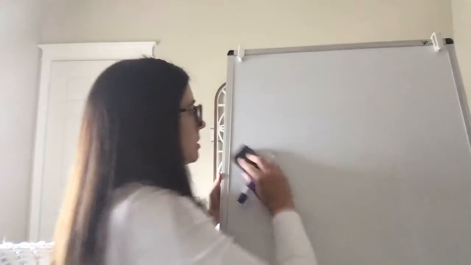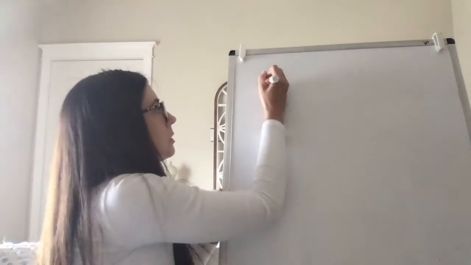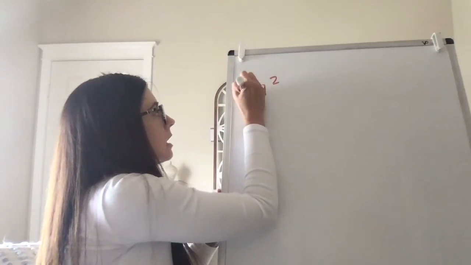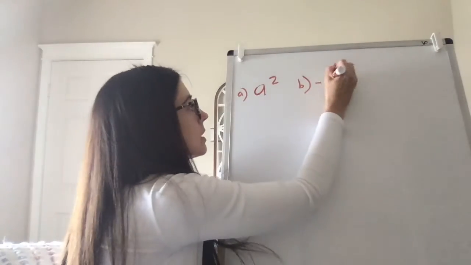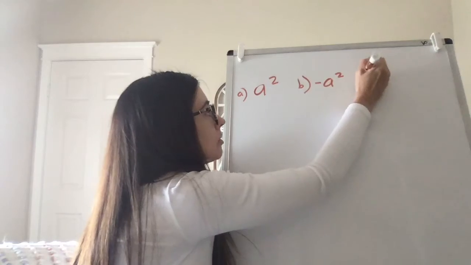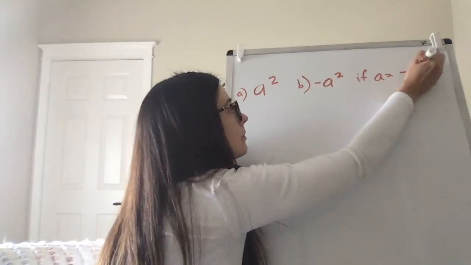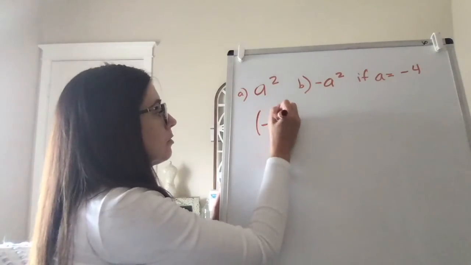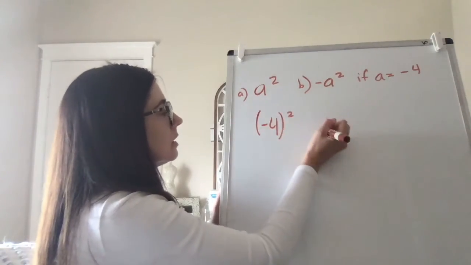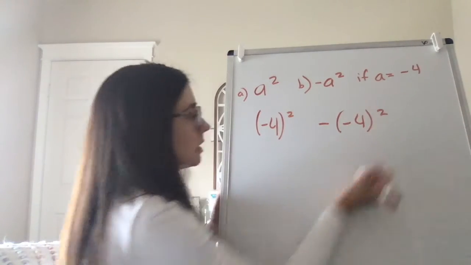I'm going to change colors of my pens so that we make sure you can see it in the video. Next we have a squared. This is a. And b is negative a squared if a equals negative 4. Okay, so we're going to put it in parentheses, negative 4 squared, and then negative 4 squared.